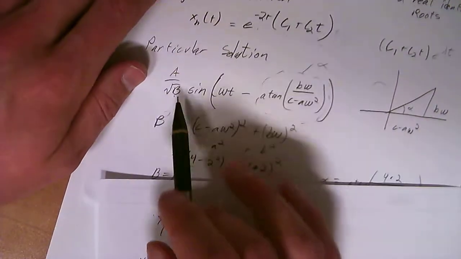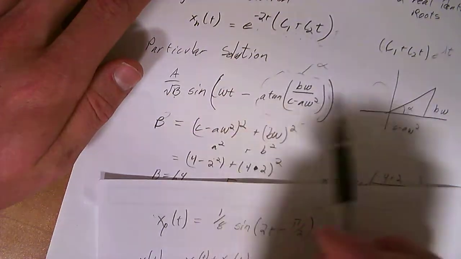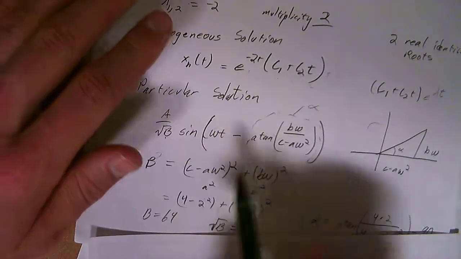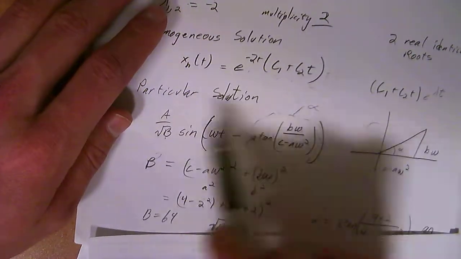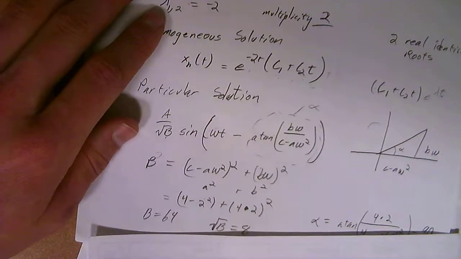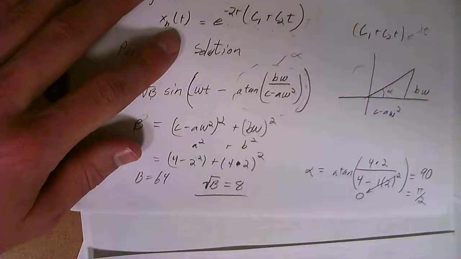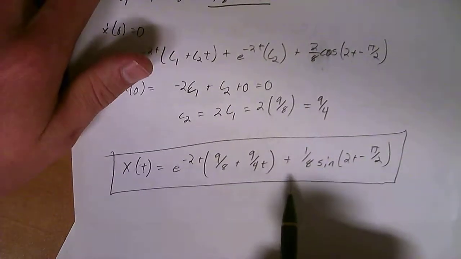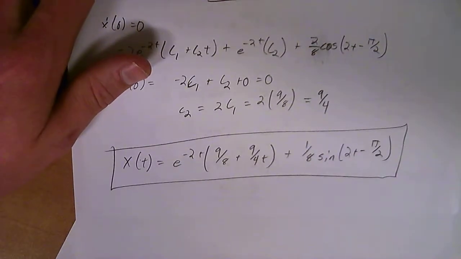Then you go into the particular solution, and you can use equations based on what the output of the equation is. And this is really the hardest part, finding out which is the correct equation. And then from there, you can basically just solve for the constants, keep on solving, use the initial conditions to solve for the constants, go through and plug all the numbers back in. And that is your final answer.